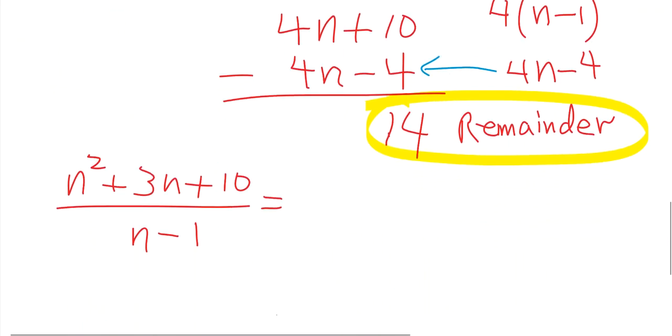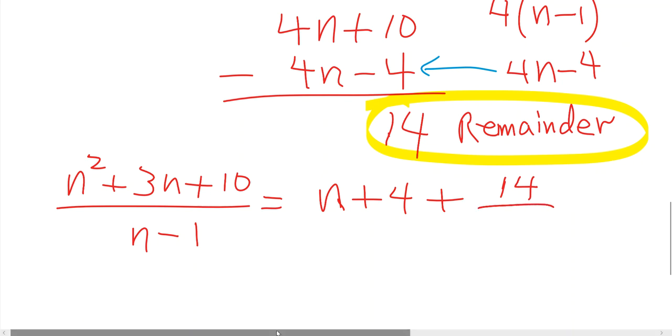So what we do, we write n plus 4, that's our answer, plus the remainder. But the remainder is 14, divided by n minus 1. n plus 4 plus 14 over n minus 1.